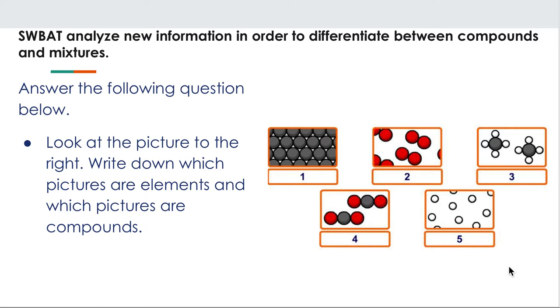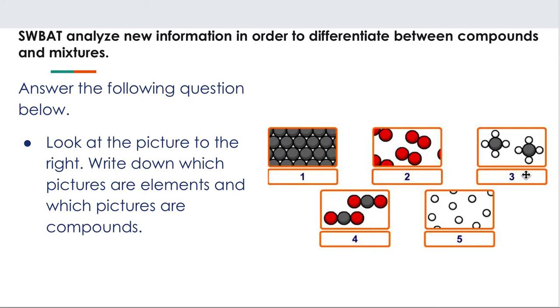Okay, you guys should have paused it and answered the question, so let's go over it. Number one, right here. This will be an element, right? Because all of the atoms are the same, okay? So these are elements. Number two will also be considered an element. Same thing, right? All the atoms are the same.